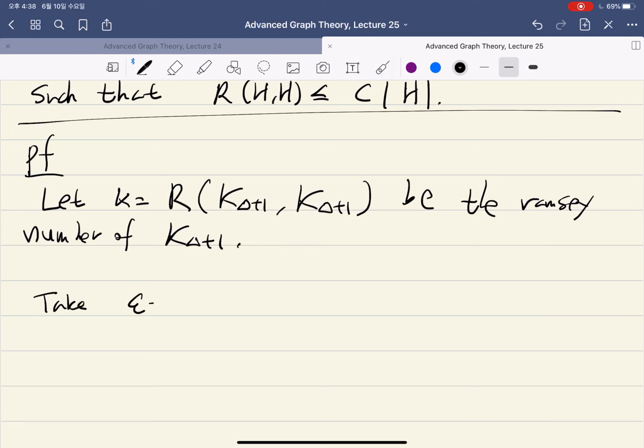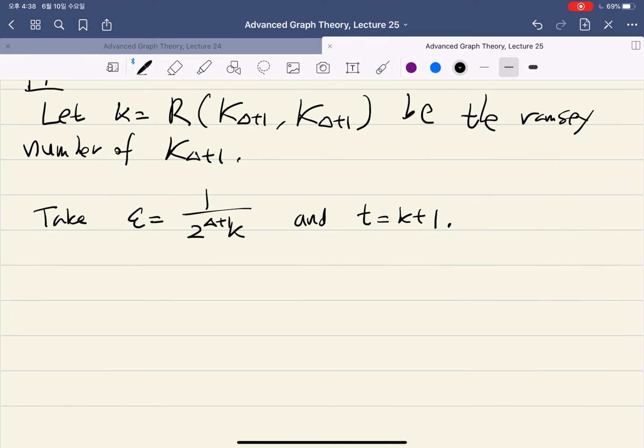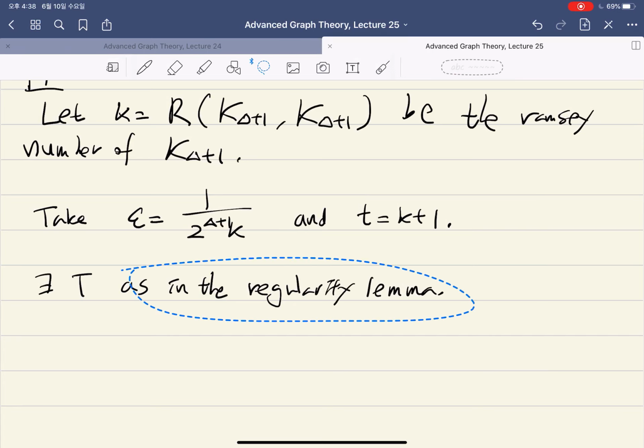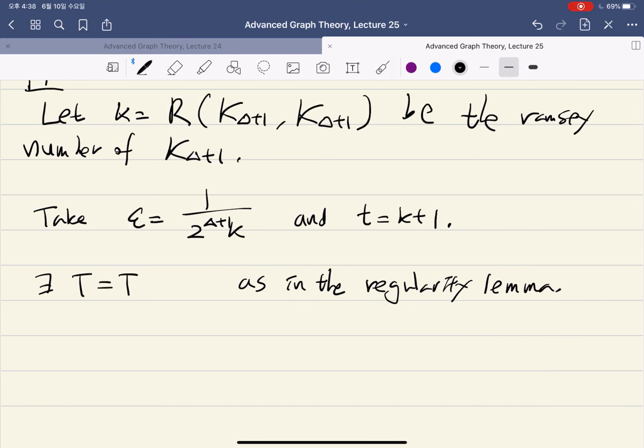So we take epsilon to be 1 over 2 to the delta plus 1 times k, and say t is k plus 1. Then by the regularity lemma, there exists T as in the regularity lemma. Again, this T only depends on epsilon and t, and those two numbers only depend on delta.